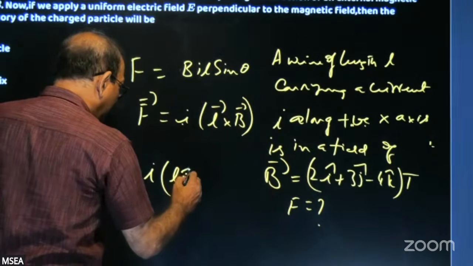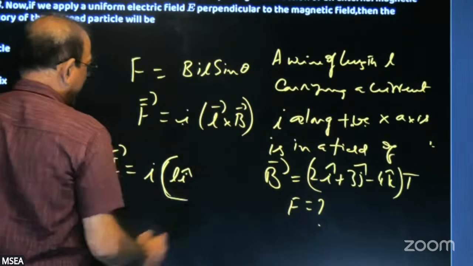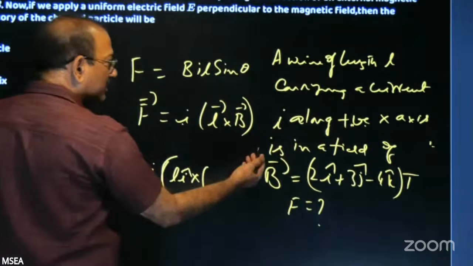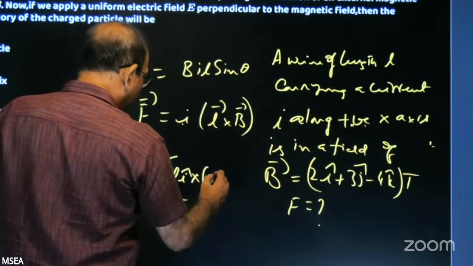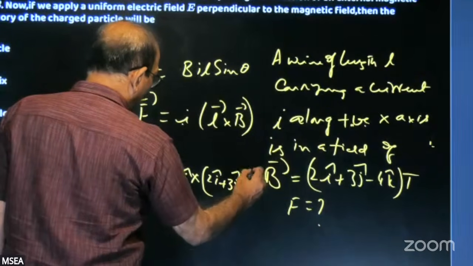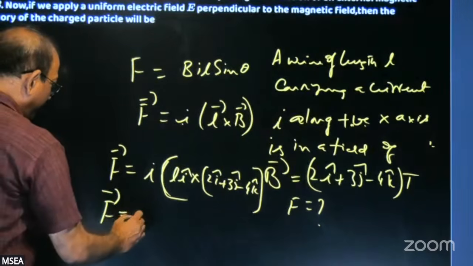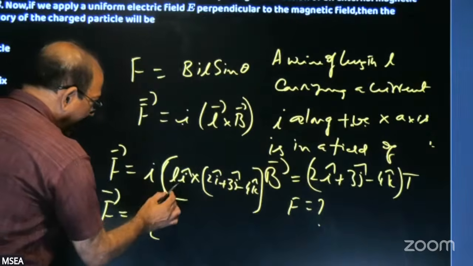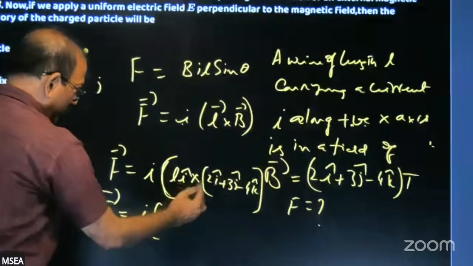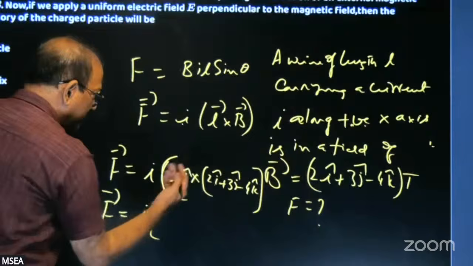Vector form you have to express, no? L into i cap, you write it, L into i cap cross B bar. B bar is given, 2i cap plus 3j cap minus 4k cap. Now i cross i is 0.